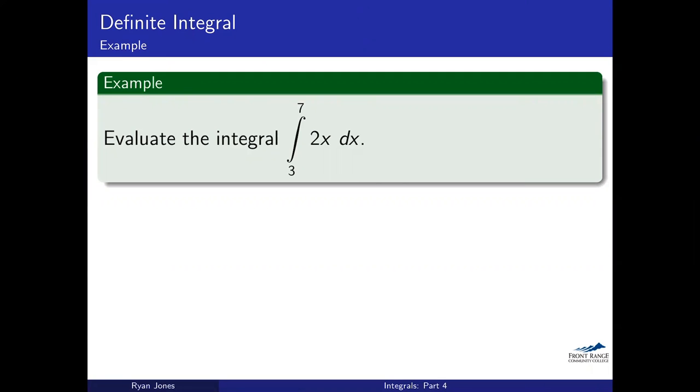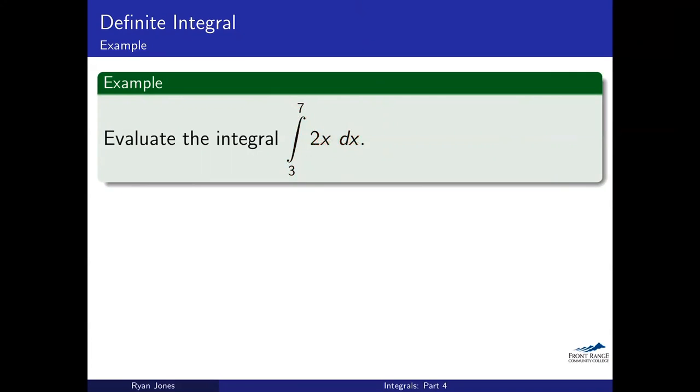Let me actually pause and repeat what I just said. When I see this integral, how I verbally say it is the integral of 2x dx from 3 to 7. You could equivalently say the integral from 3 to 7 of 2x dx. Either way is fine.